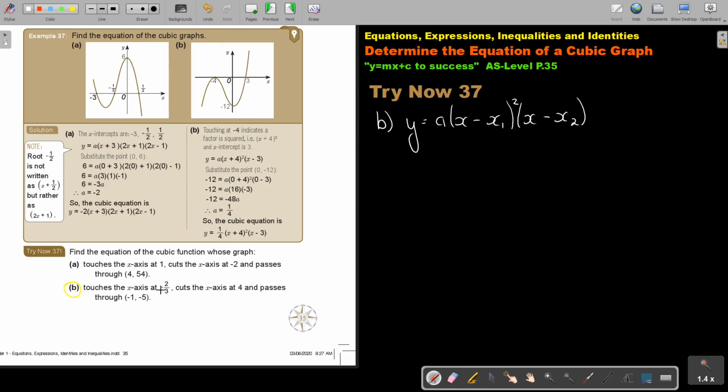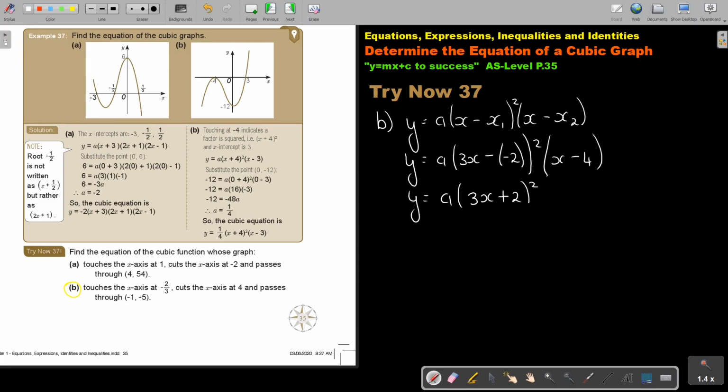So let's just start. Now, can you remember the denominator? So I said y is equal to a, and the denominator is then 3, just like I did there. Don't forget, it was 2x, so it's 3x, but be careful, it's minus minus 2. Do you see? And I square, and it's x minus 4. So it's basically y equals a(3x plus 2) squared (x minus 4).